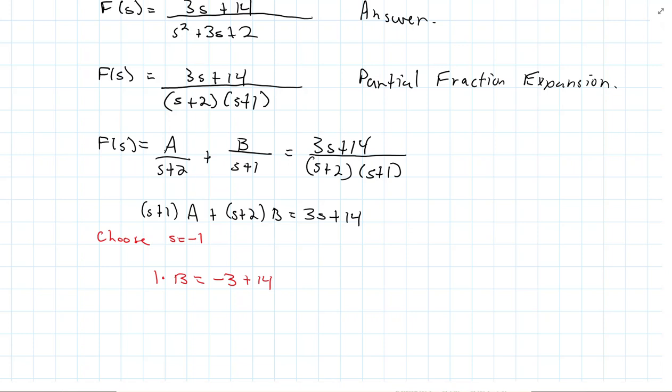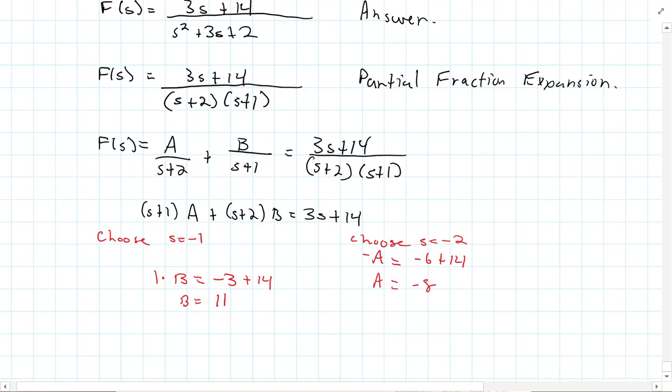Which would be B is equal to 11. And then the other smart number to choose would be s equals -2, and then you'd get -A is equal to -6 plus 14.